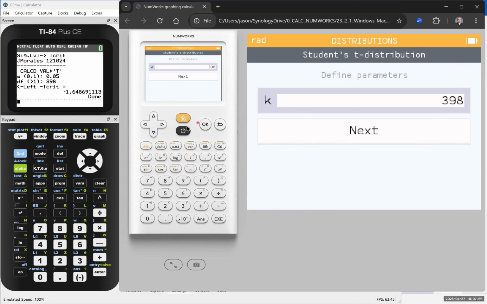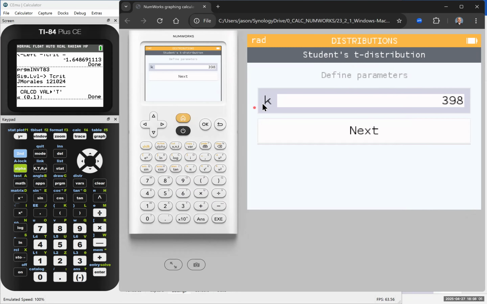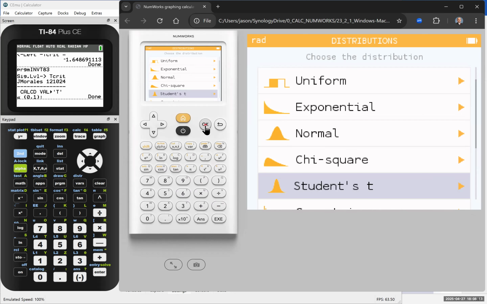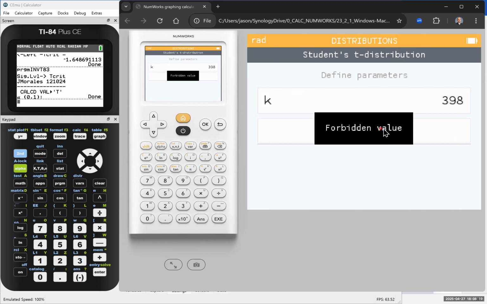So this is going to end up giving an error. Sorry, I didn't mean to do that. This is giving us an error because 398 degrees of freedom, that's true, but it's telling us it's a forbidden value. So how do we get around this?